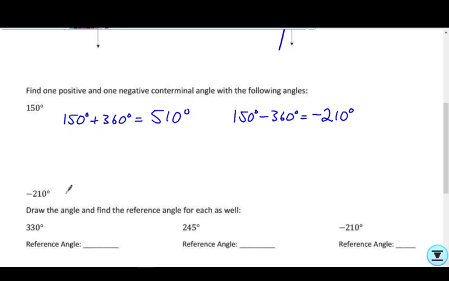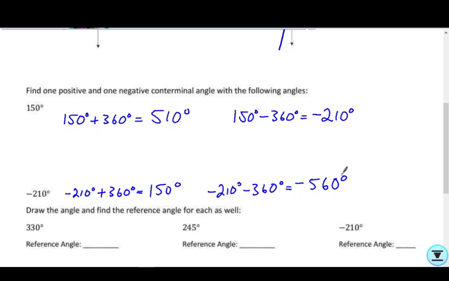Same thing for negative 210. I take negative 210 degrees and add 360 degrees, and when you add them, you get 150 degrees. Does that look familiar? Yes, it's over here. And then I take negative 210 and subtract 360 degrees, which gives me negative 570 degrees.